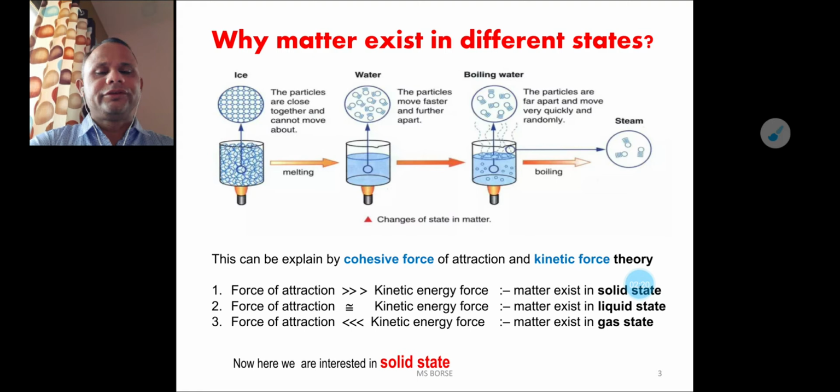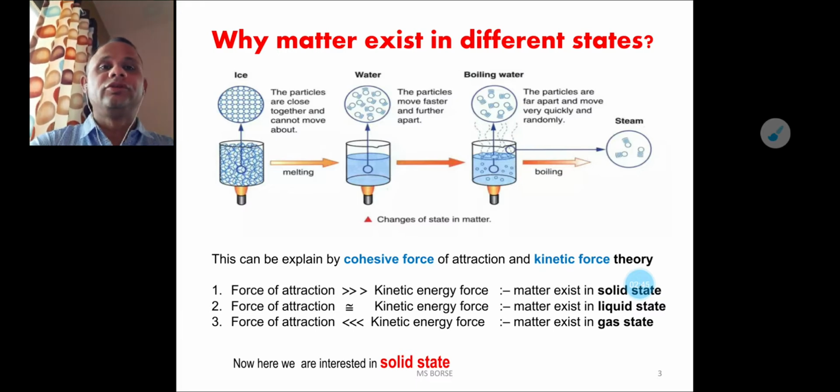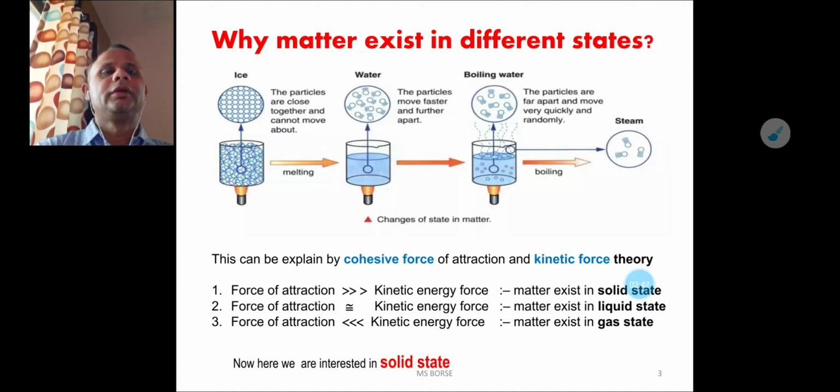According to thermodynamic chemistry, any system has two types of energy, potential energy and kinetic energy. If you select the system as matter, there will be the kinetic energy of the molecules and potential energy in terms of cohesive force of attraction. So what is cohesive force of attraction?